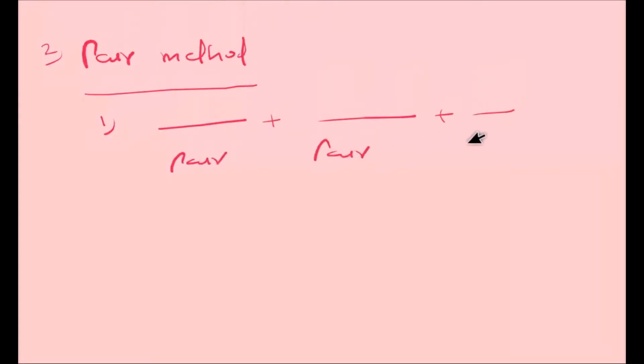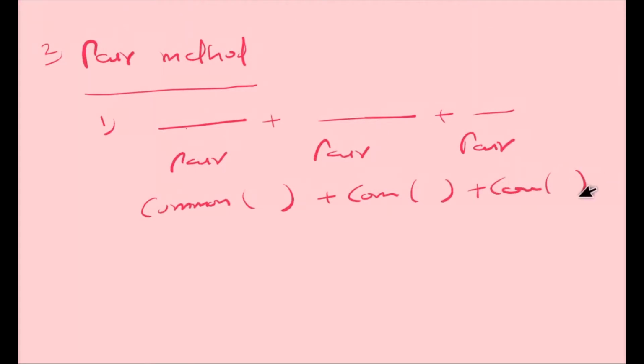Pairing may be for one term or two terms or more than two terms. In each pair we will take the common factor, as in the first step, and then from all these commons we will take a common again.